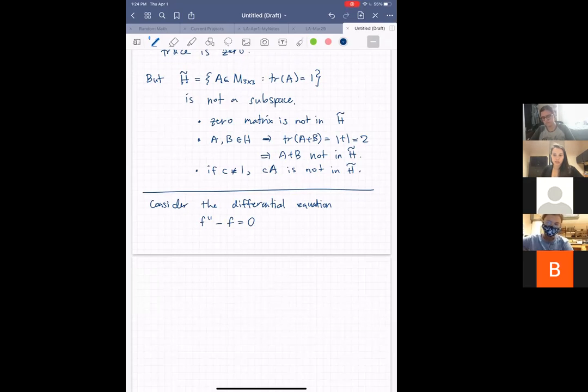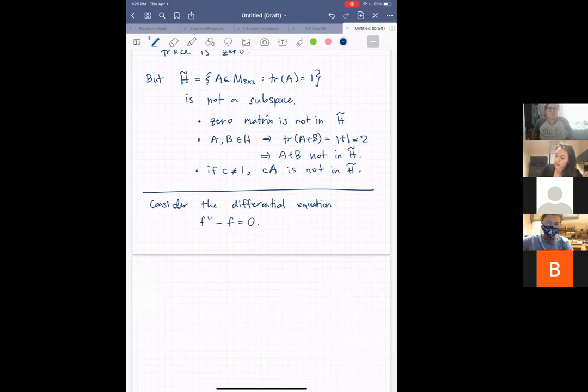This is a pretty simple differential equation. If you've not seen any differential equations before, it's just an equation involving the derivatives of a function. You can see that this is an equation involving f double prime and f.